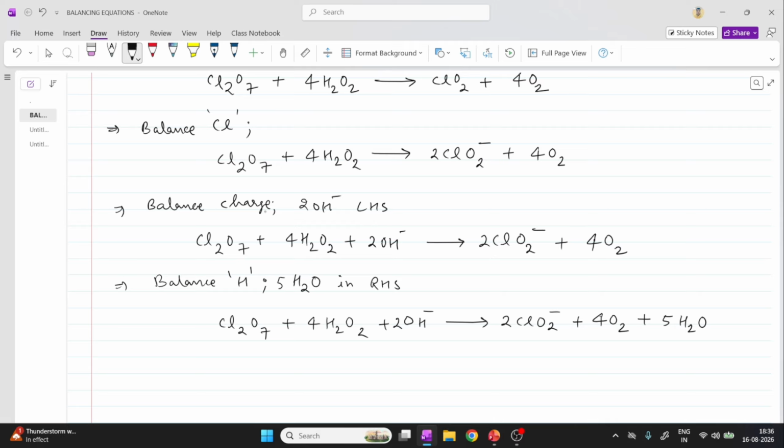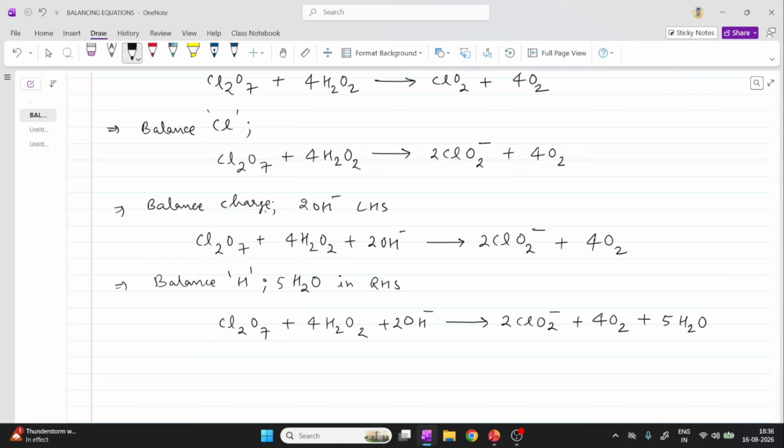Just check oxygen. This is O7, and this is O2. 2 fours are 8, 8 plus 7 is 15, and this is 2 O, so 17 oxygen. On the right side, this is O2, 2 twos are 4, and this is again O2, 2 fours are 8, so 8 plus 4 is 12.